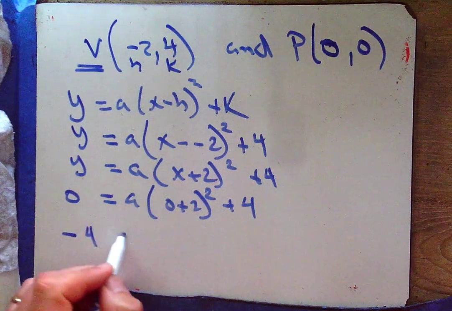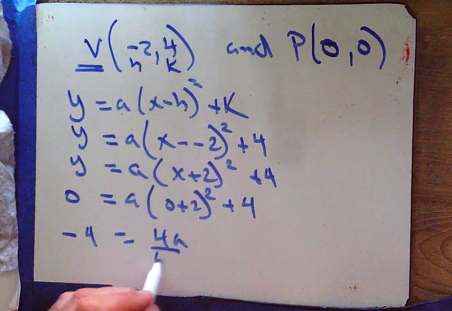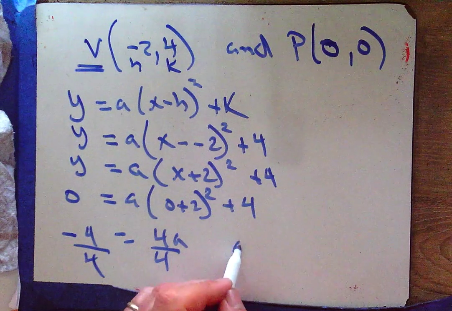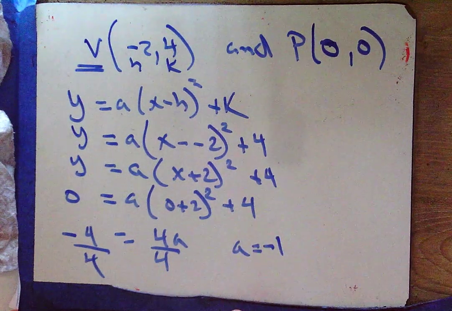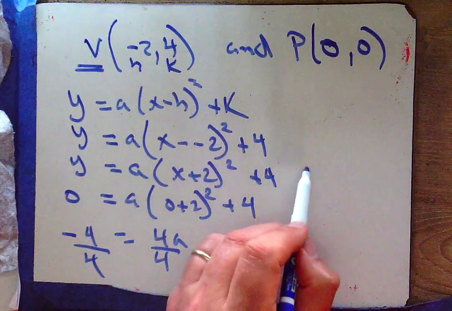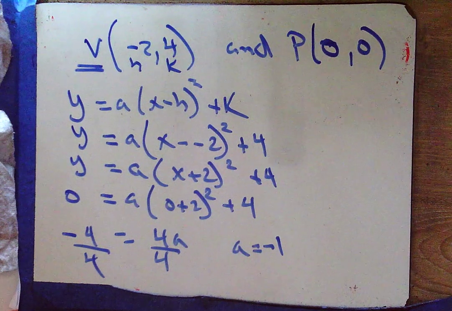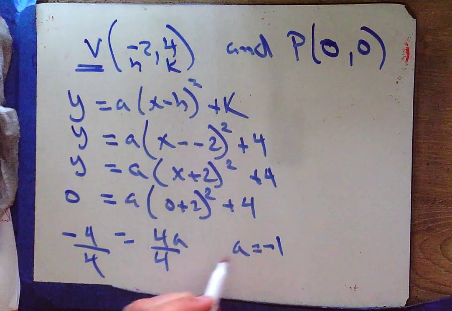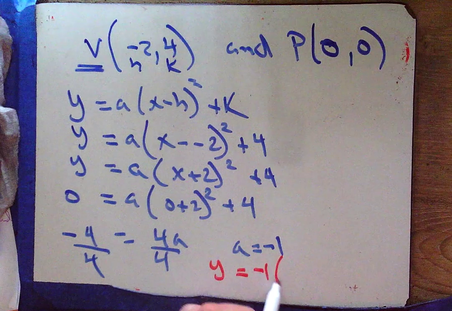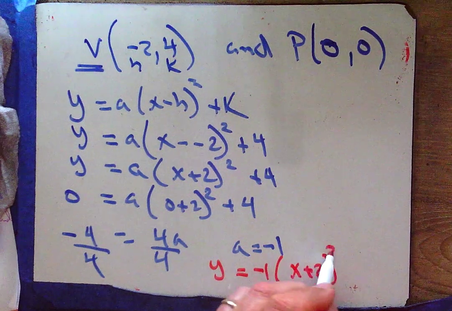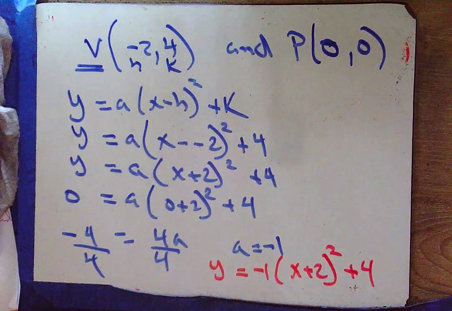Subtracting 4 from both sides. Dividing both sides by 4, I get a is -1. So my final equation then will be y equals -1(x plus 2) squared plus 4.